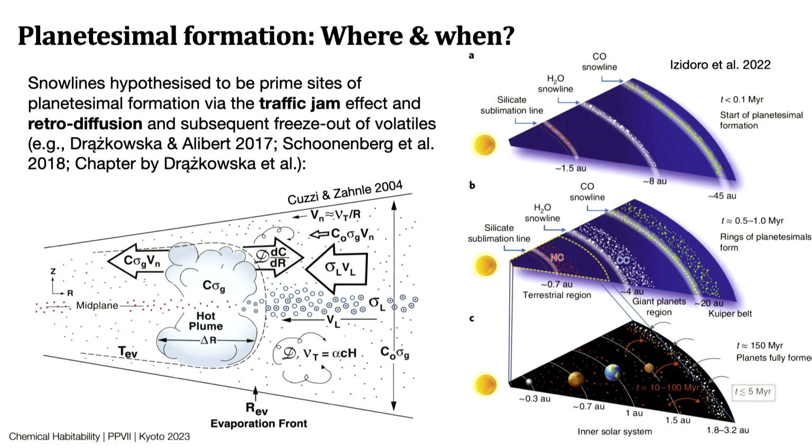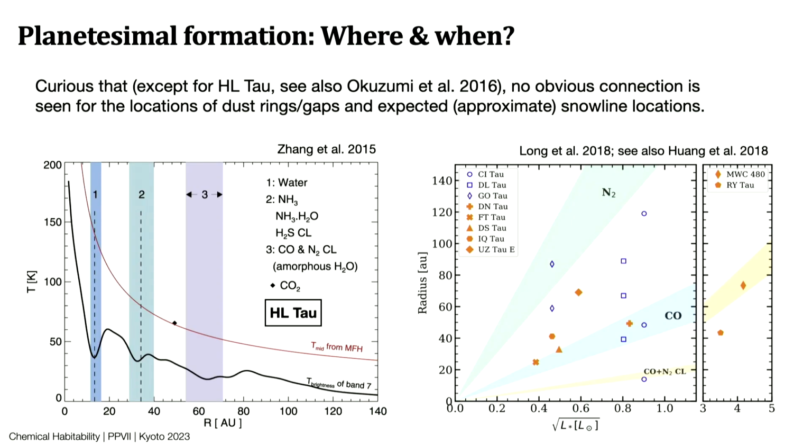It's interesting in that context that apart from HL Tau, where the substructure in dust seems to match up with major ice lines, we don't really see a trend like that in, let's say, the DSHARP or other larger surveys. So it's not so clear here.